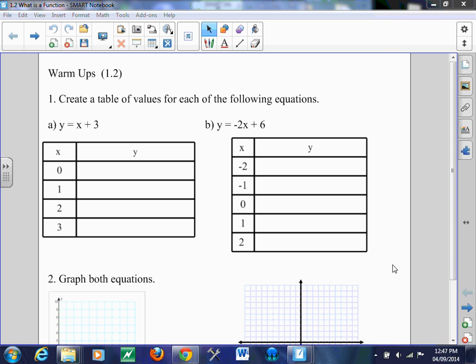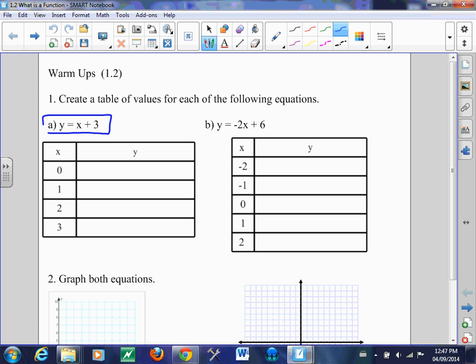Okay, so number 1 says to create a table of values for each of the following equations. Hopefully, ladies and gentlemen, you recognize for A and B that both these equations are what we call linear relations.